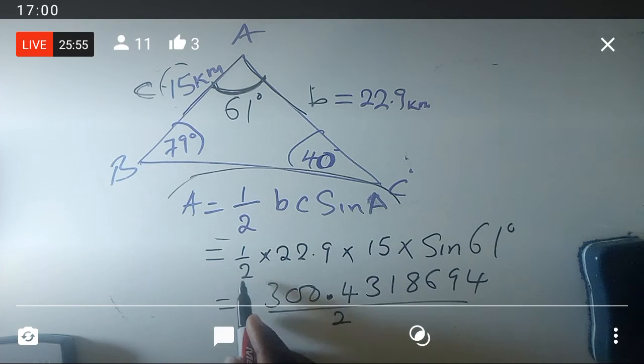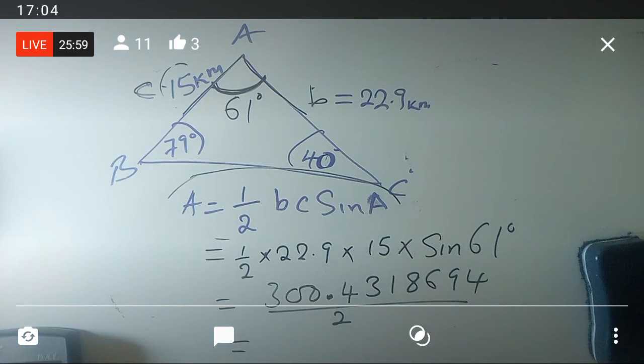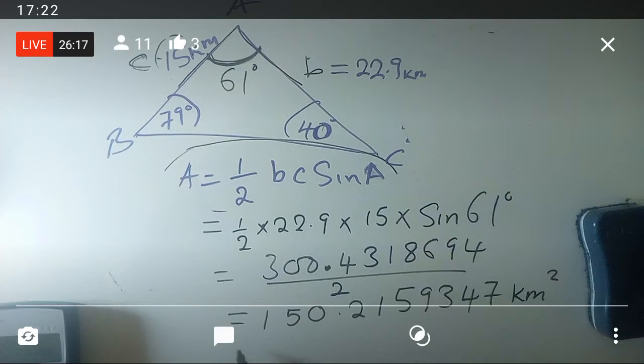So now you say divide by 2, and our area will be equal to 150.2159347 kilometer squared. You need to put the units. So if you want now, you can round it off. So it will be just like this.